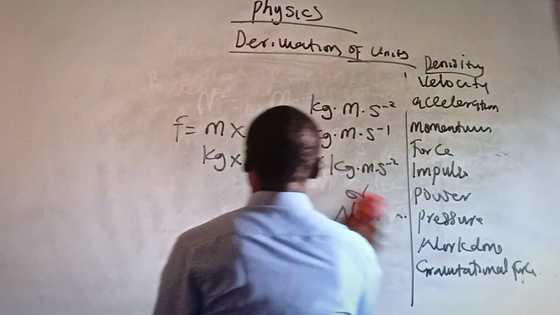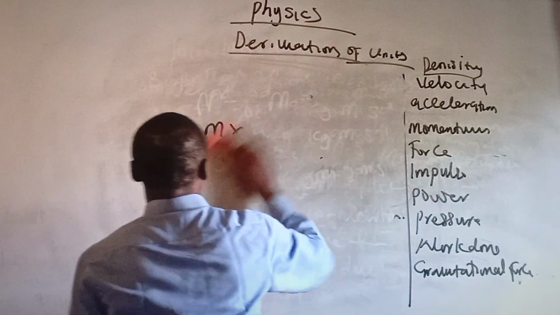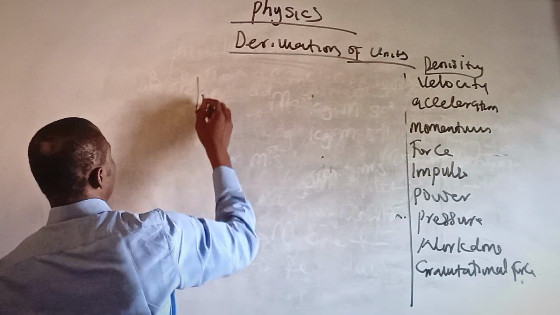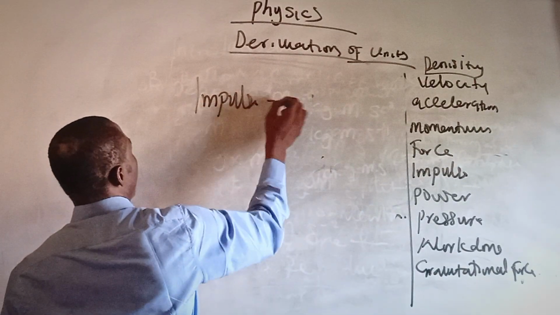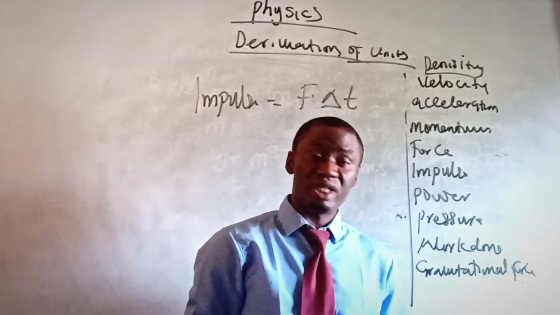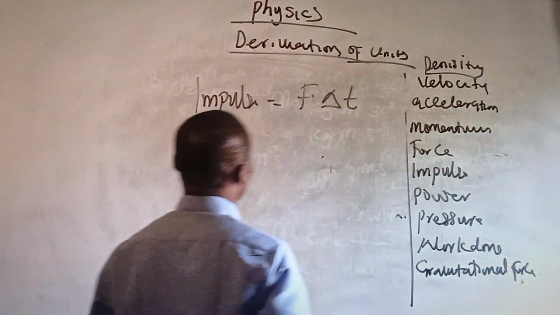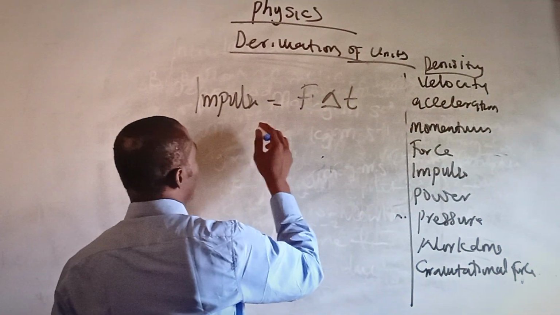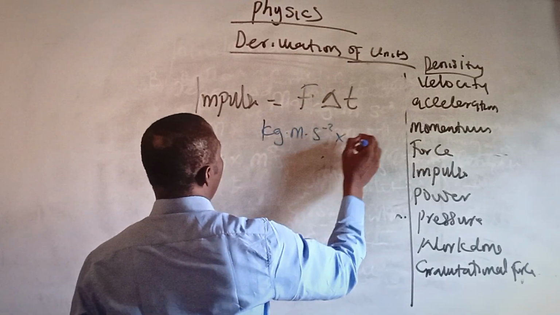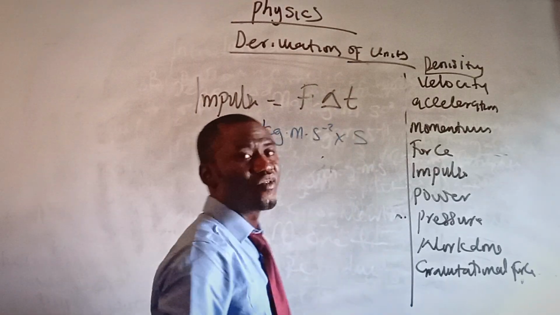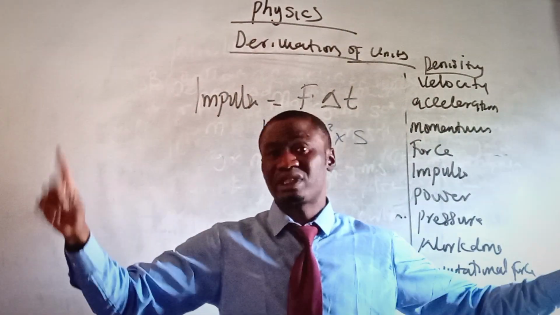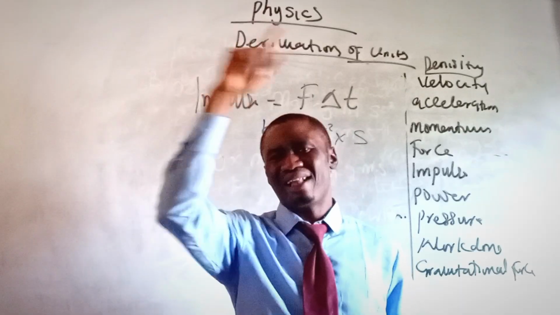All right, now let's go ahead. What's the unit for impulse? Impulse is force times change in time. So let's say for force, you can use kilogram meter per seconds to the minus 2, times seconds. By the law of indices, the law of multiplication, when you multiply two of the same base, you add the index.